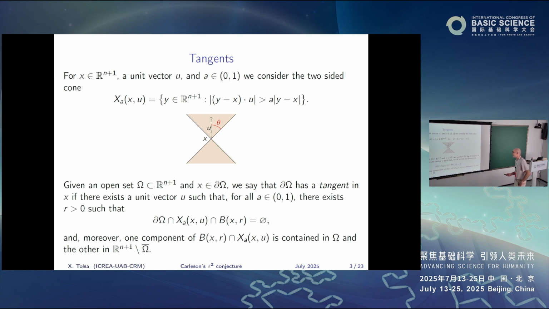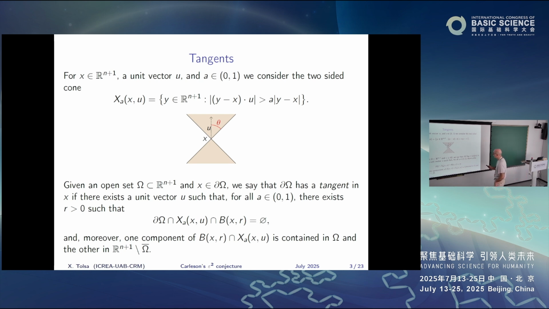Then we introduce tangents to open sets. Given an open set, but this wouldn't make sense for any set. Given an open set omega and a point x in the boundary, we say that the boundary has a tangent at x if there exists a vector u, the normal vector to the tangent, such that for all apertures between 0 and 1, there exists some radius depending on the aperture, such that the boundary of omega intersected with the cone and intersected with this ball is empty.